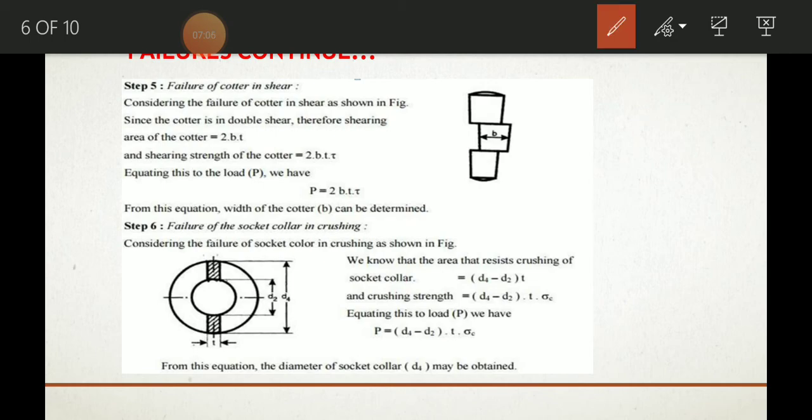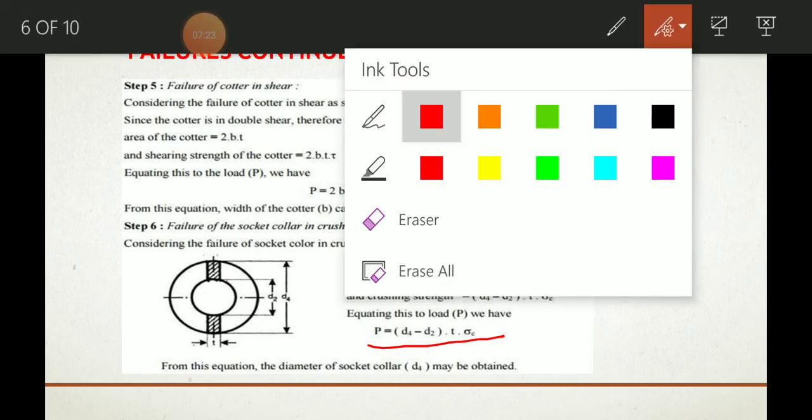The formula is P equals d4 minus d2 into t into sigma c. From this equation we can calculate the diameter of the socket collar, that is d4. We'll move to the next.